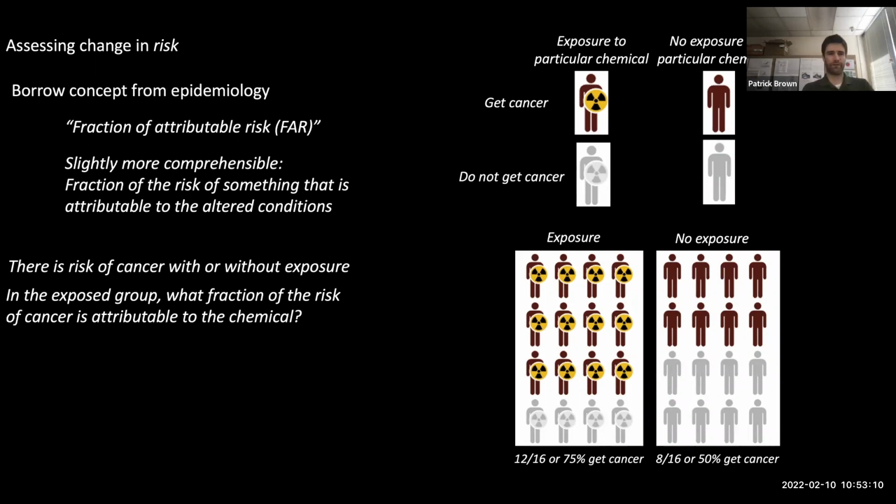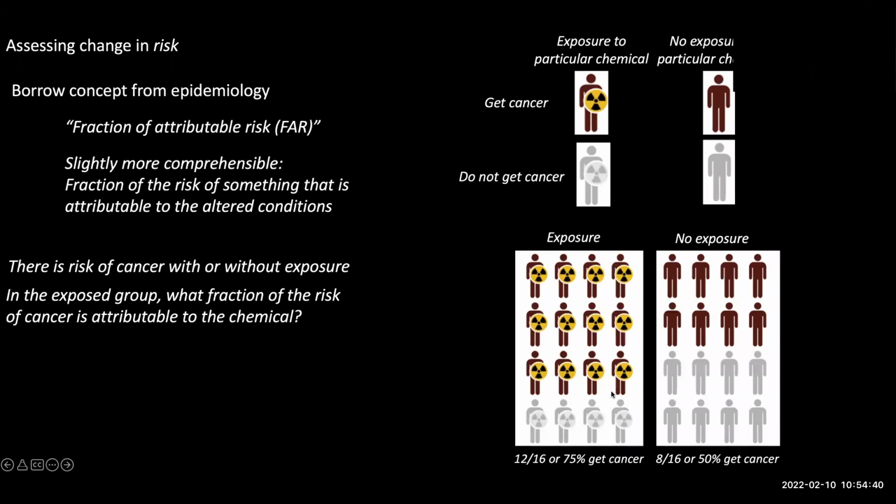So the question we're asking is, what fraction of the risk of cancer is attributable to the chemical? The way to think about it is, what fraction of these people that have cancer got cancer because of exposure? Two-thirds would have gotten cancer of this group no matter what. But then there's this new risk of one-third that is added on top of that from exposure to the chemical. So that's the portion that can be attributed to the exposure to the chemical.